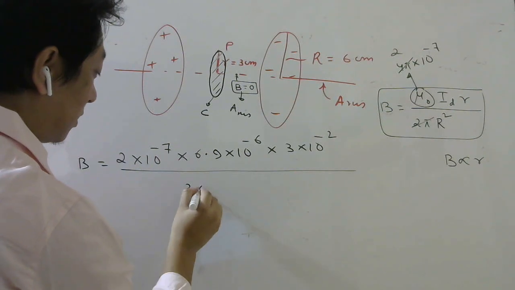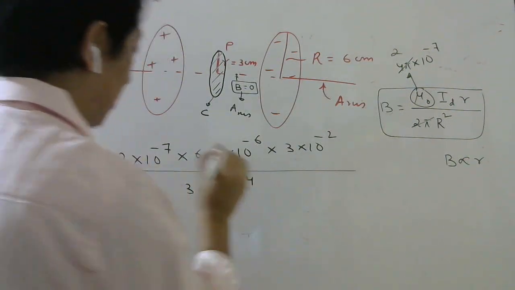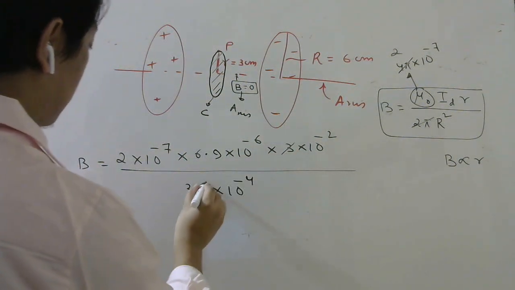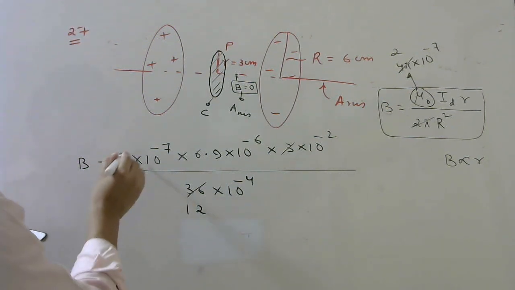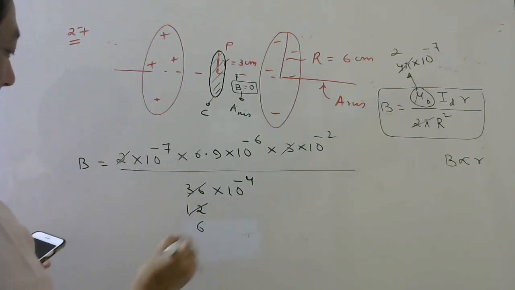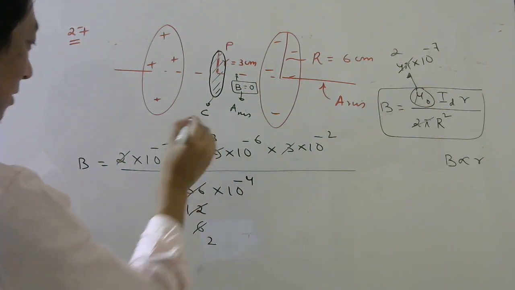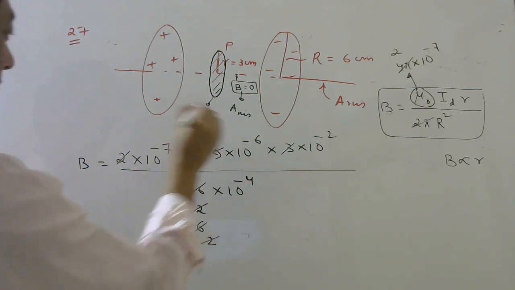So 36 into 10 power minus 2 squared will be minus 4, right? So 3 1s are 3, 3 2s are 6, 2 6s are 12, 3 2s are 6, 3 3s are 9. So 2 1s are 2, 2 5s are 50. Correct?